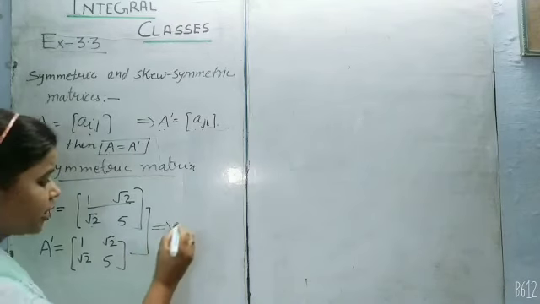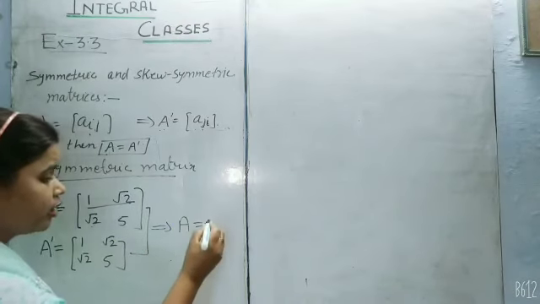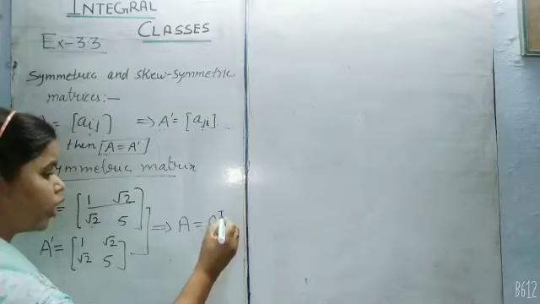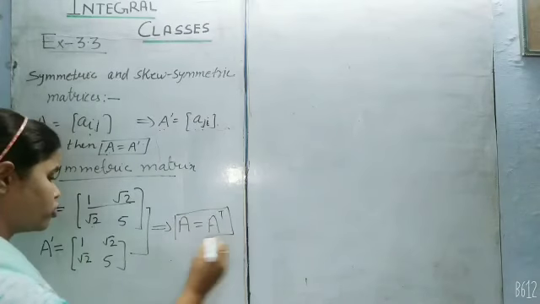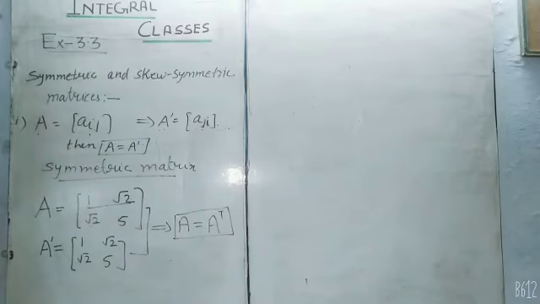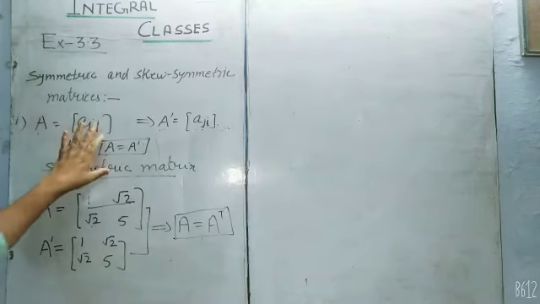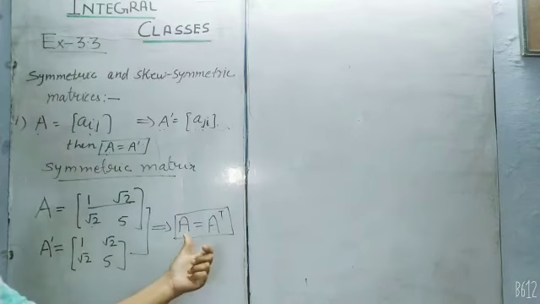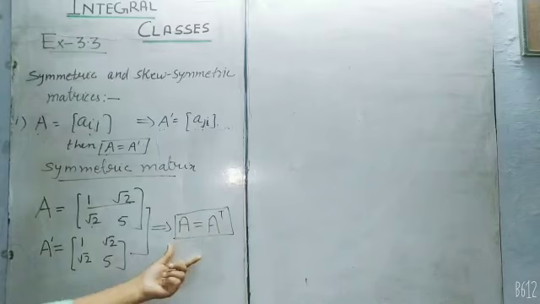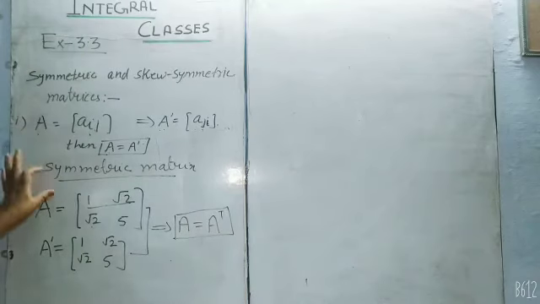So it implies A equals A transpose. So if a square matrix is given and we find its transpose and both are equal, A equals A transpose, then this matrix A is called a symmetric matrix.